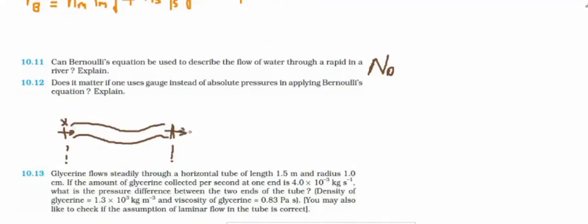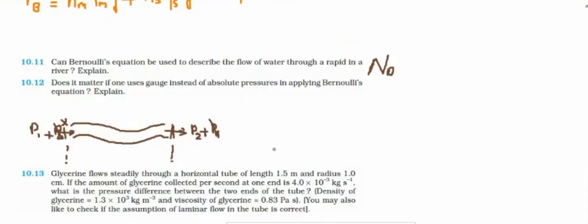This is almost a horizontal pipe, so this PA will be cancelled. So only the pressure difference P1 and P2 can be calculated. In such a situation, you need to take only gauge pressure. No need to consider atmospheric pressure.